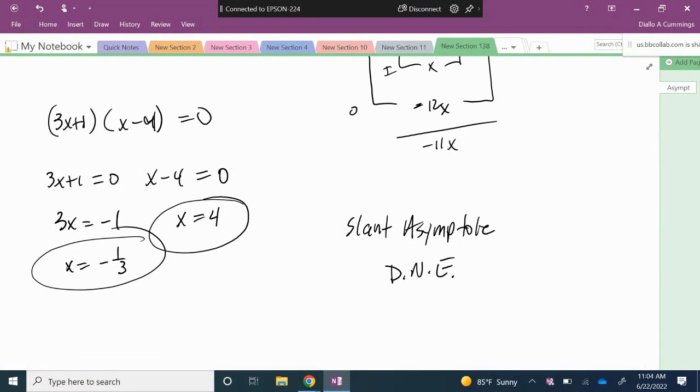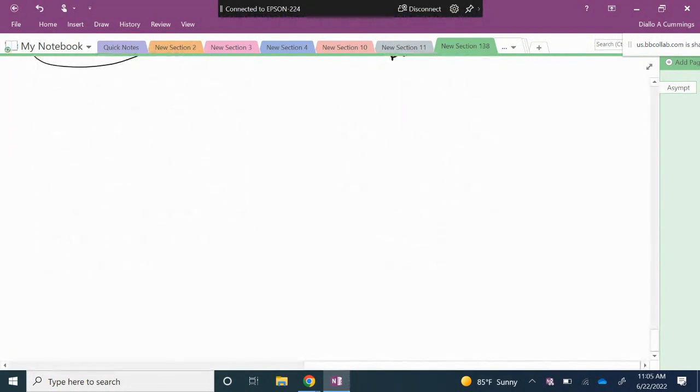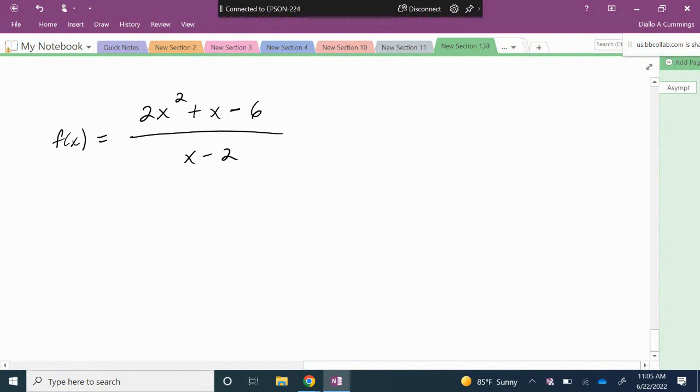All right, and we're going to take a look at one more. So this is f of x is equal to 2x squared plus x minus 6 divided by x minus 2. We're going to run through the gamut for this equation. First, we're going to find the x-intercept.